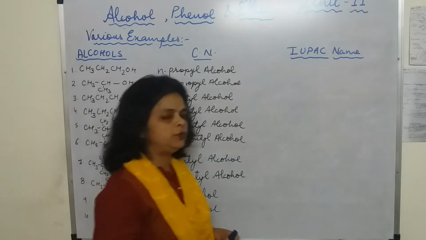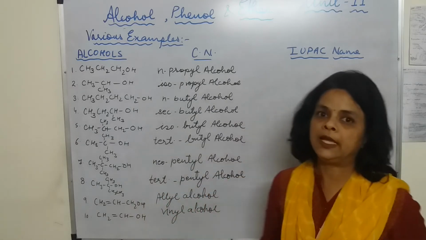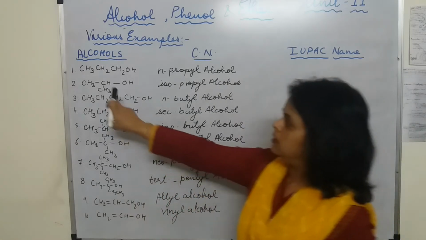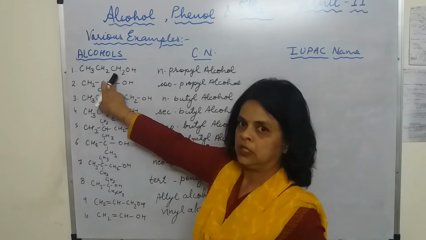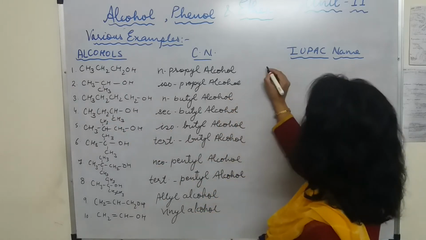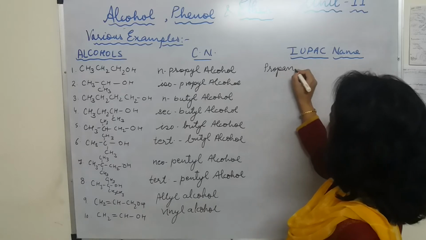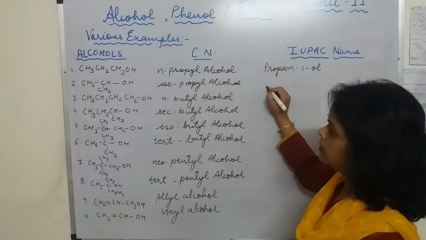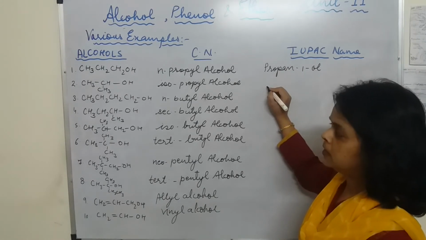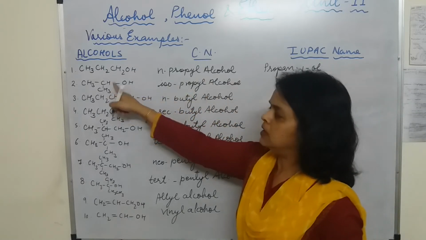We know that in the IUPAC nomenclature we are going to write the alkanol. Here 1, 2 and 3. 3 carbon chain. So we are going to write its name propane 1-ol. Here again a carbon chain of 3 and the OH is attached to the middle carbon.